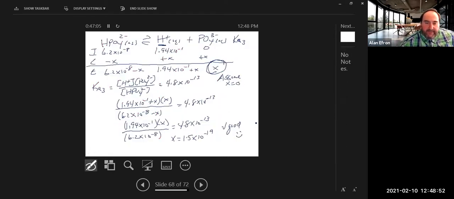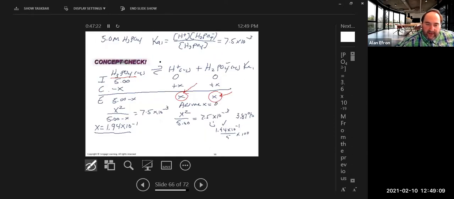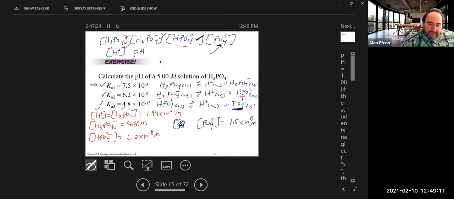And let's see what happens with everybody else. Again, if you go back and put that X value into this equilibrium line, this number is not going to change. This number is not going to change either. It will still remain the same, which means essentially we now have everything that we need except to calculate the pH.